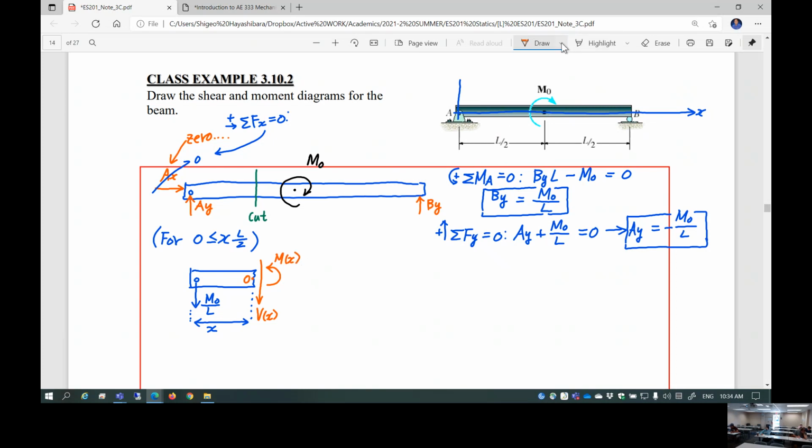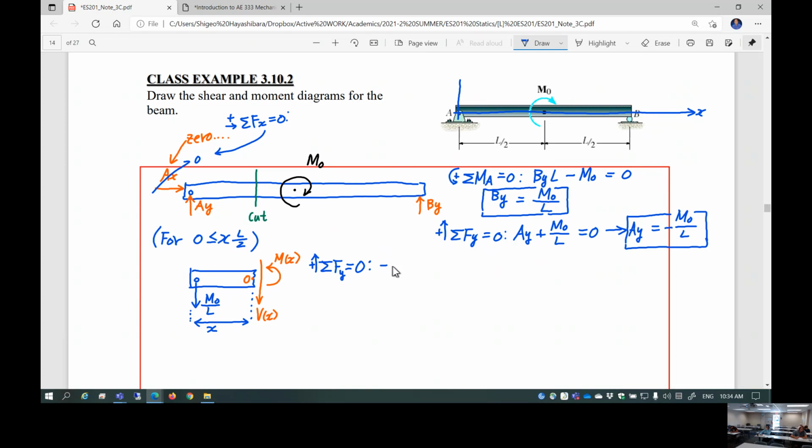So I'm going to apply summation of the force in y direction set equal to 0.